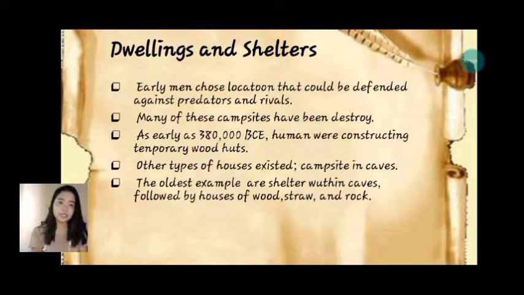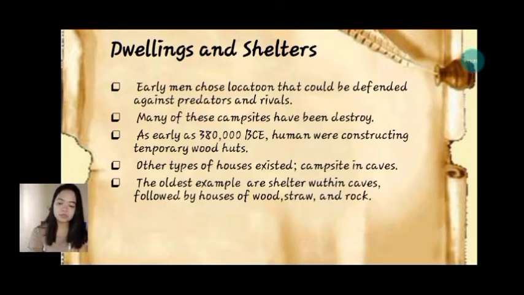Karamihan daw sa dwelling and shelter, karamihan daw na mga bahay ay matatagpuan malapit sa ilog, sa rivers, lakes, and streams. Perhaps with low hilltops nearby that could serve as refuge, kung saan yung tubig mas malapit sa kanila.